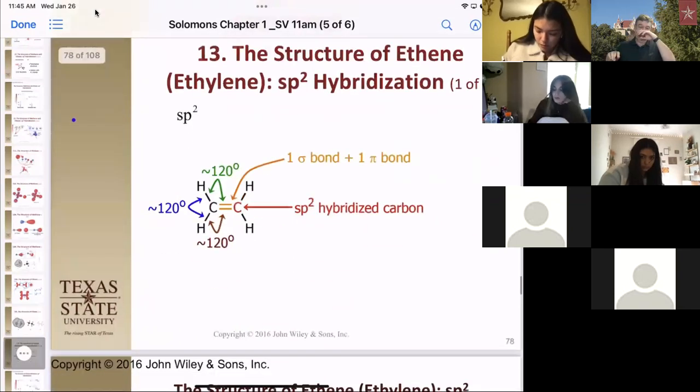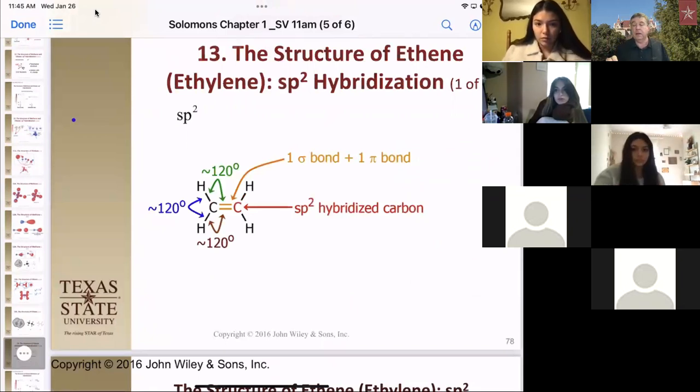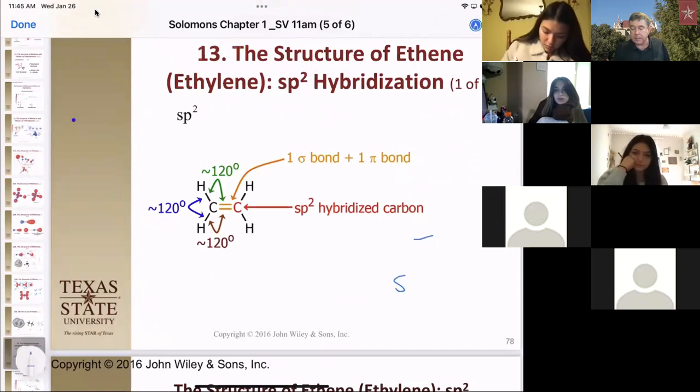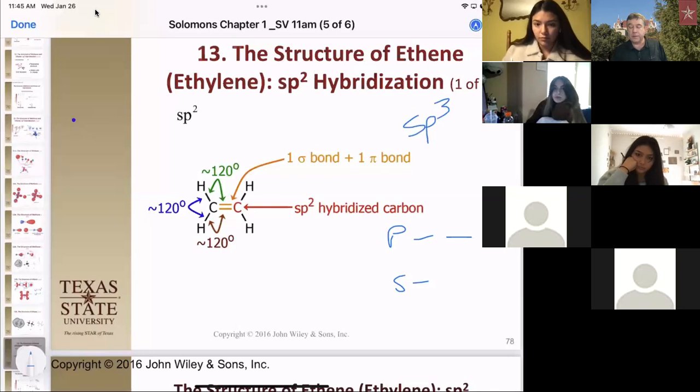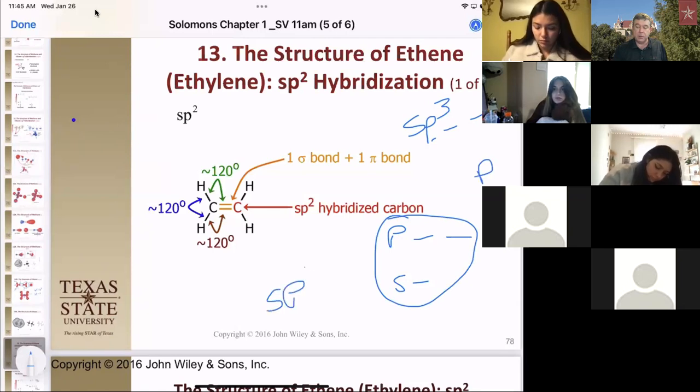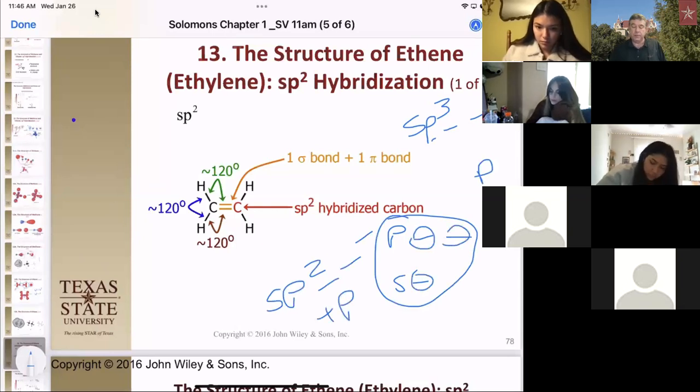What if we don't blend the s with all 3 p orbitals, and only blend it with 2 of them and leave one p unhybridized? That means we're going to have an sp2, a total of 3 orbitals, plus an unhybridized p orbital.